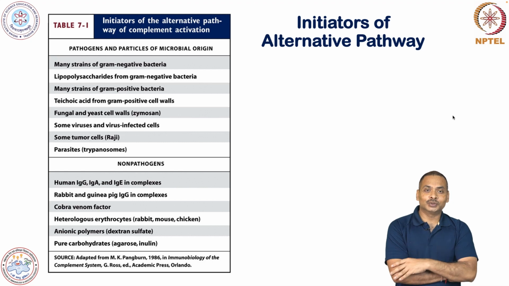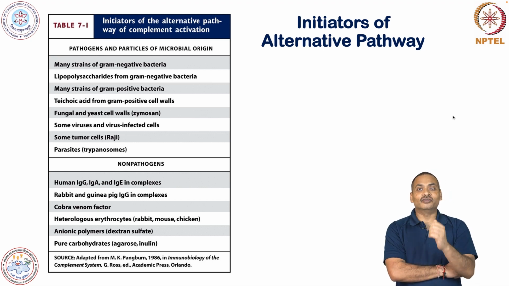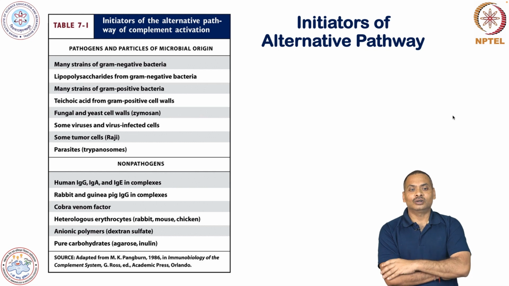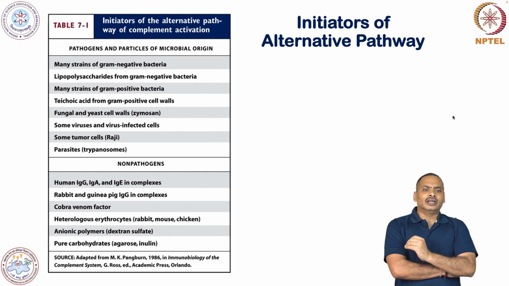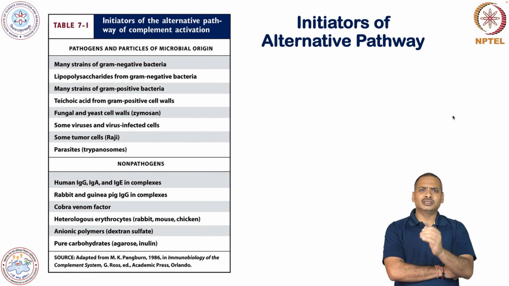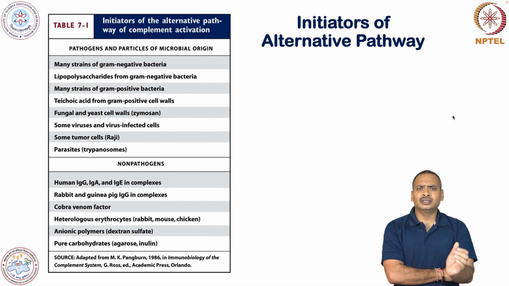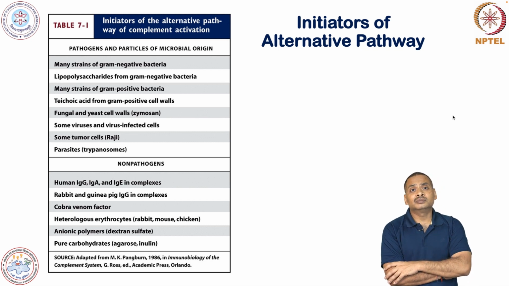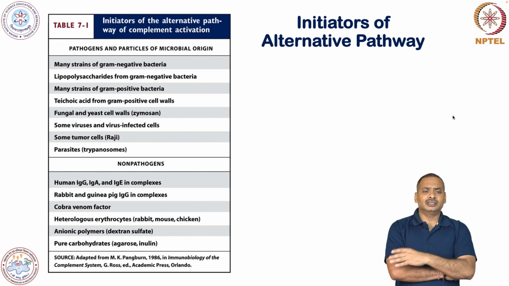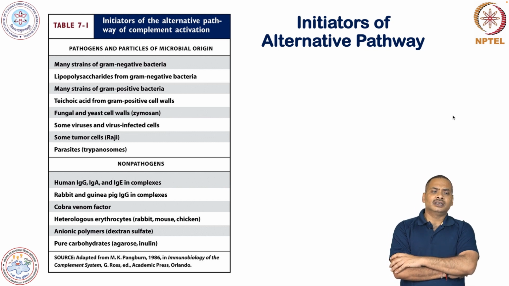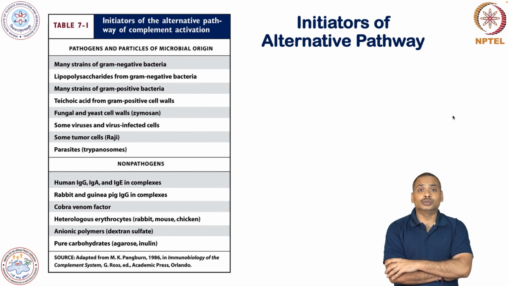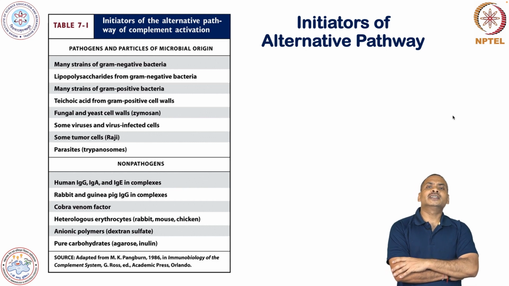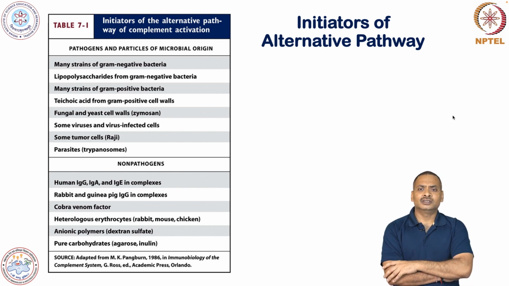It is very interesting to learn that cobra venom can also trigger the alternative pathway. Heterologous red blood cells can also trigger the complement pathway. Interestingly, some anionic polymers like dextran sulfate, and pure carbohydrates like agarose or inulin, can also trigger the alternative pathway.